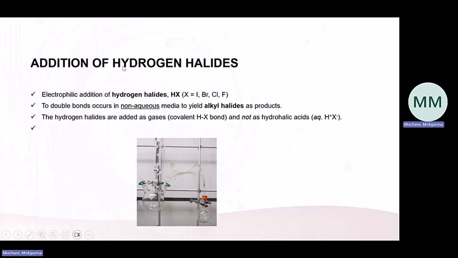So it is called hydrogen halides. Hydrogen halides mean a hydrogen together with those halogens. The halogens, remember, are the ones that belong to group 7. Those elements that belong to group 7 in your periodic table are called the halogens.